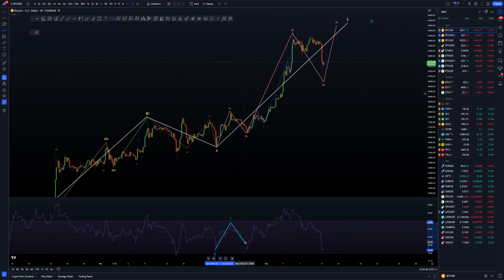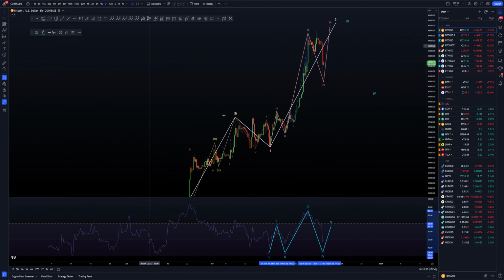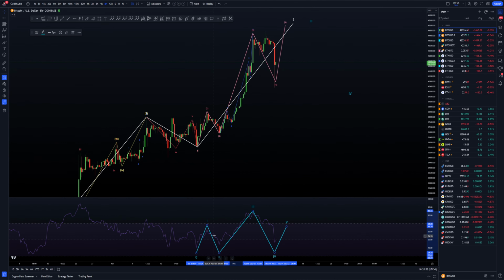So wave 1, 2 here you can see, following the pink wave, wave 1, wave 2, wave 3, highest reach on the RSI, while the lower time frame divergence normally, wave 4, and then we'll have the wave 5 to form a divergence again. But if you go on the 8 hours, I'm just gonna replace that. Wave 1, wave 2, wave 3, highest reach on the RSI, wave 4, and the wave 5, which will make a divergence here.